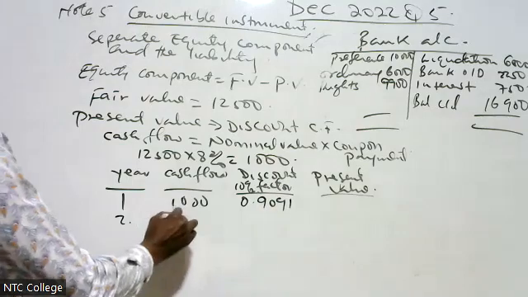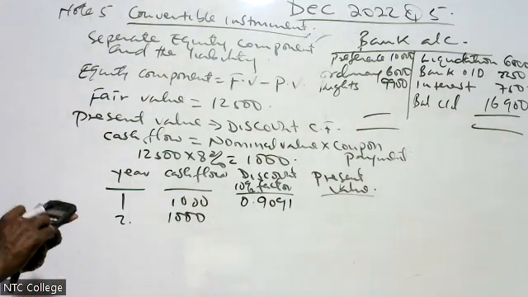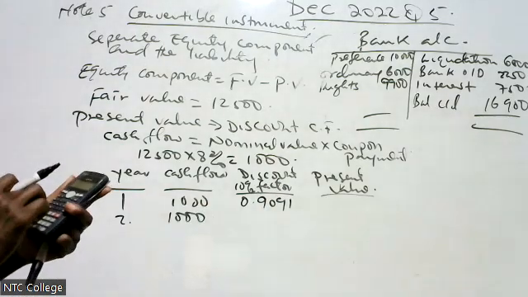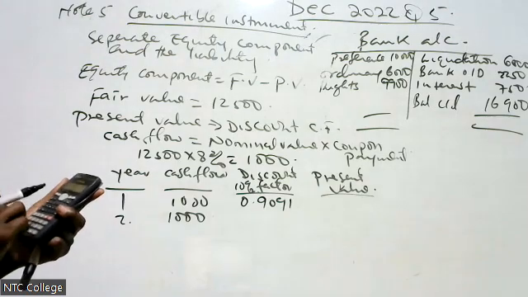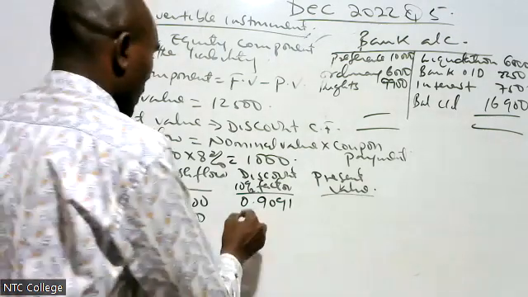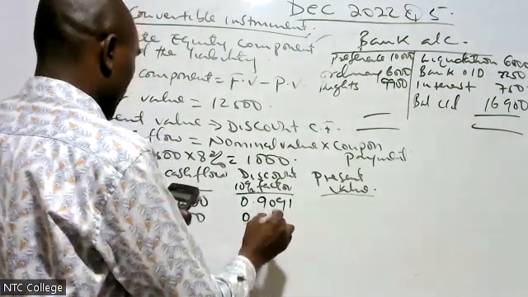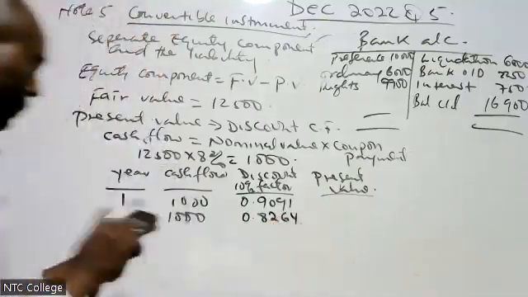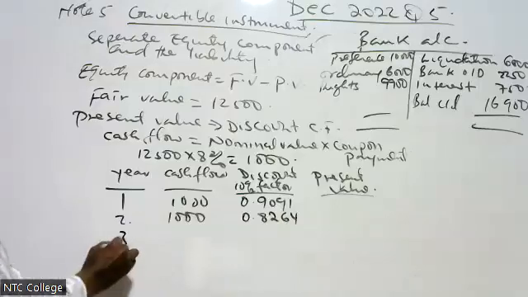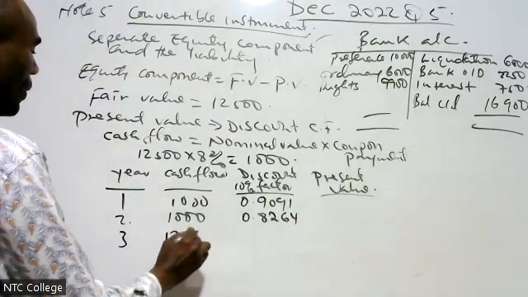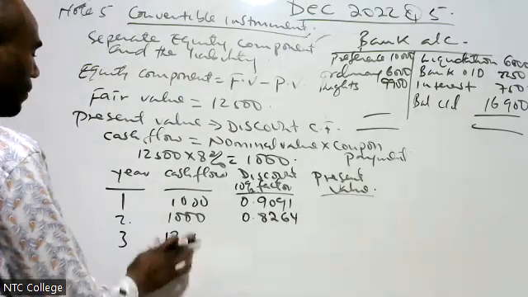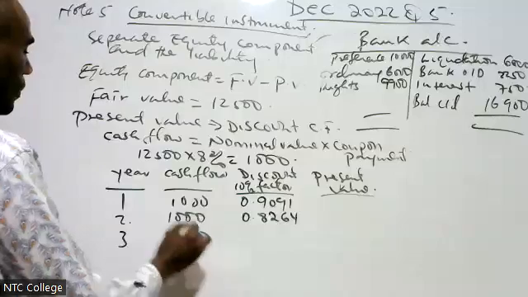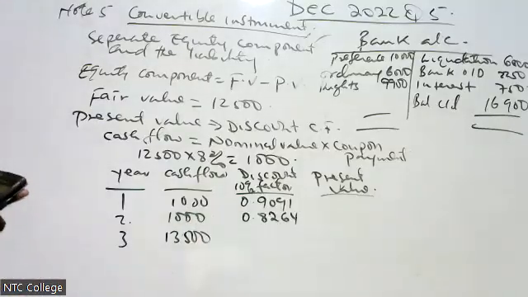Here too, it will be 1,000. My discount factor is 0.8264. In year 3, it will be 13,500.